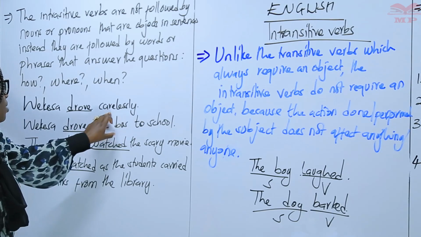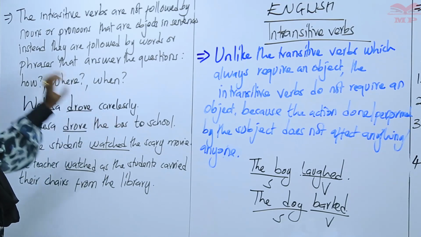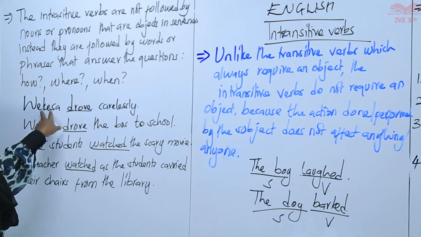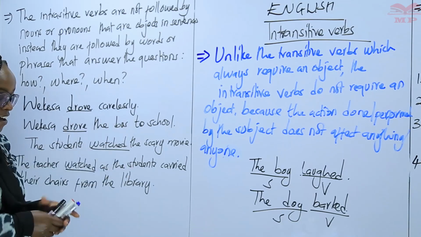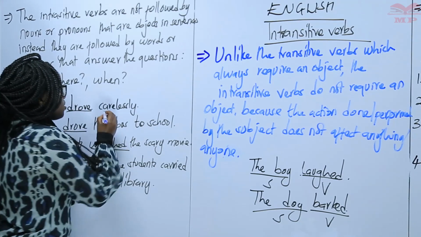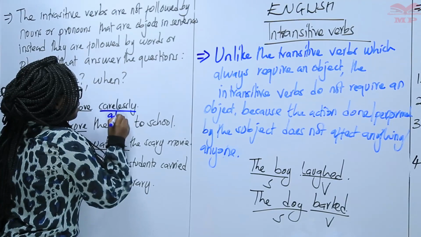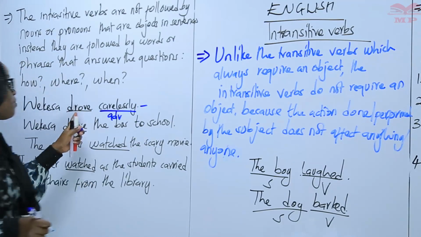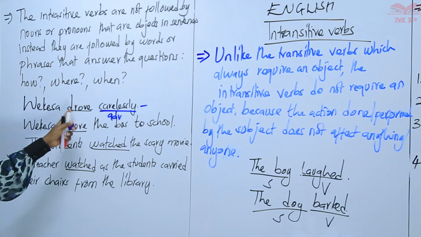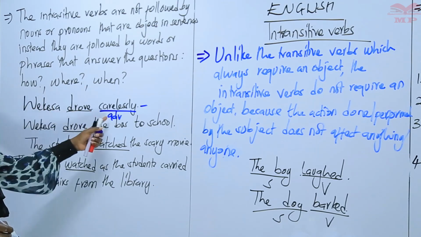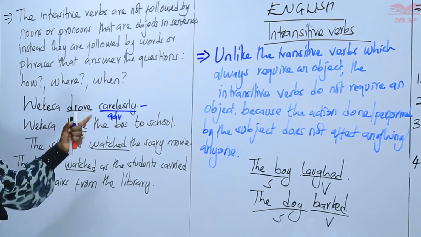Carelessly here is actually giving us more information answering the question how. How did Wekesa drive? Wekesa drove carelessly. Therefore, carelessly here is actually an adverb. Therefore, what type of verb is this? How has this verb been used? This verb has actually been used intransitively because it does not take an object.